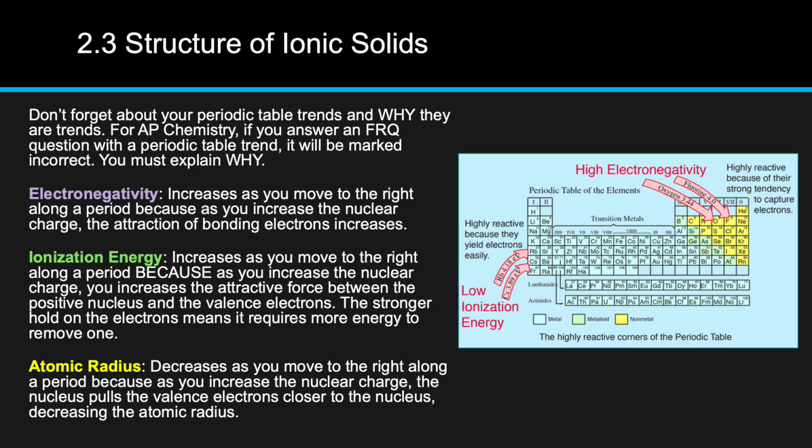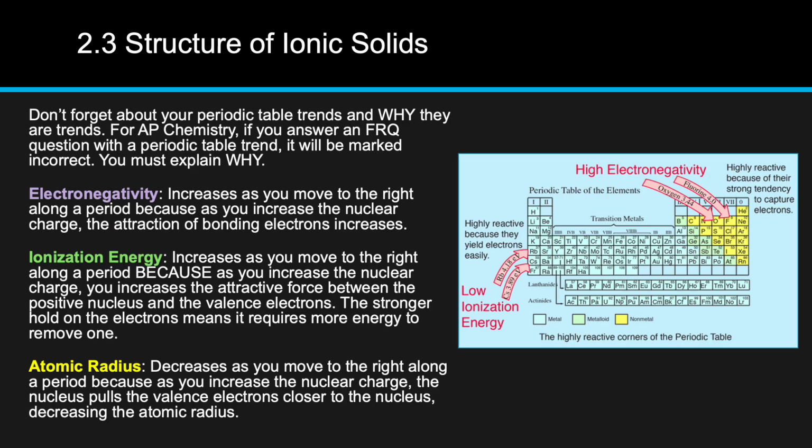So for electronegativity, you're not saying it increases because it's closer to fluorine, or because it's more to the right on the periodic table. You have to say electronegativity increases because as you increase the nuclear charge, the attraction of those bonding electrons is going to increase. So you have to give a reason why the electronegativity is increasing, not just because it's a trend or because of where it is on the periodic table.